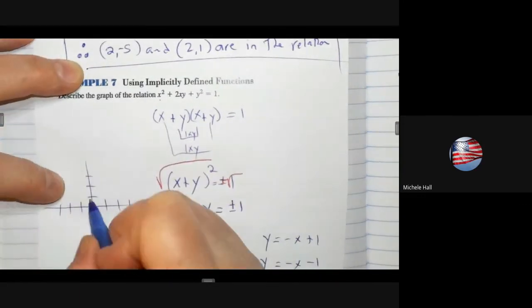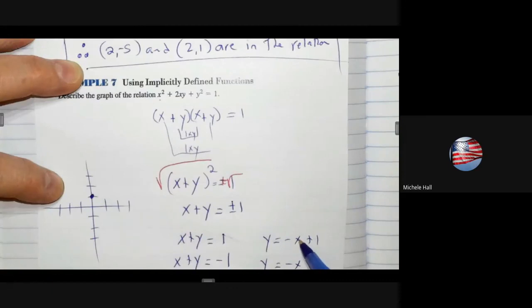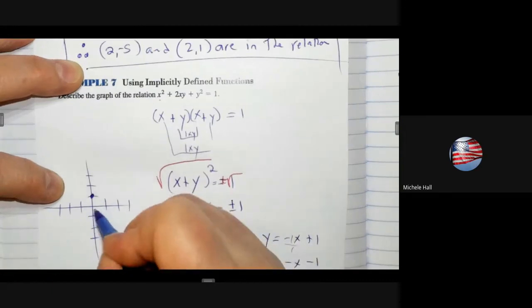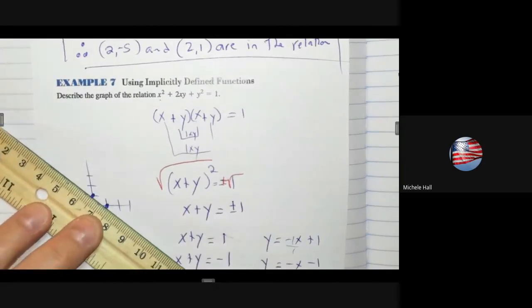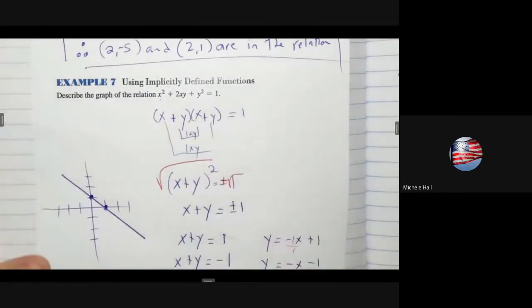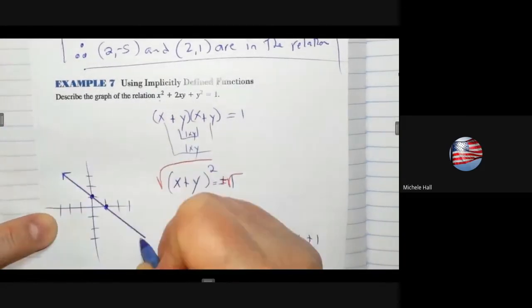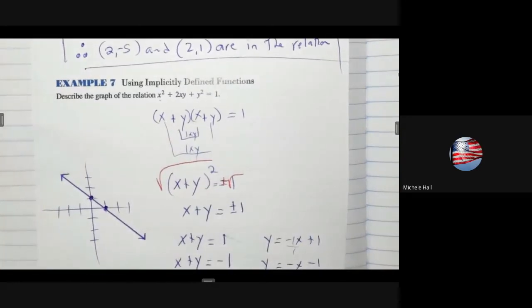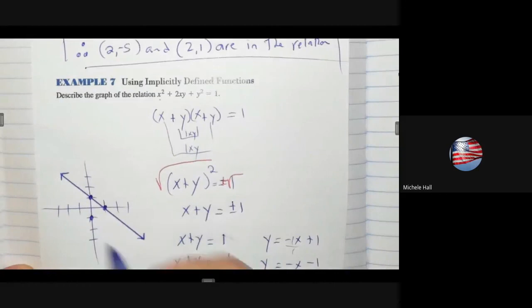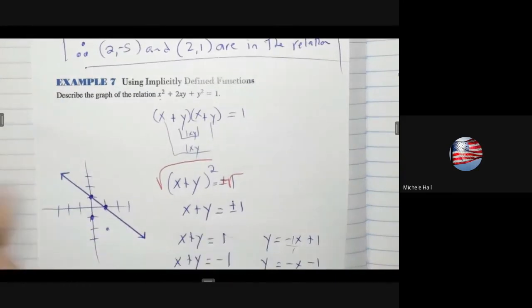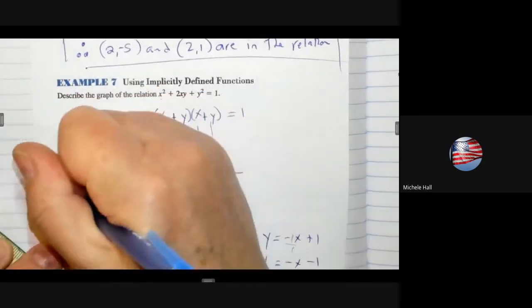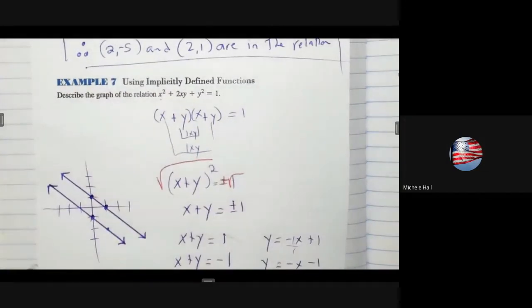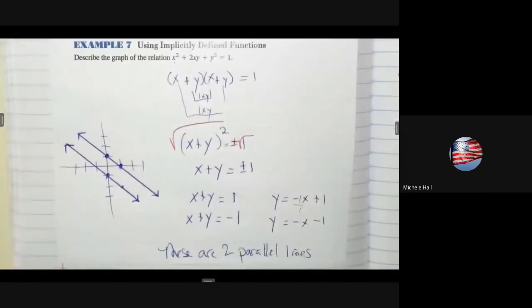This one is starting at +1, and then the slope is rise -1, run 1. And we have starting at -1, rise down 1, and over 1. So what we have here then are 2 parallel lines.